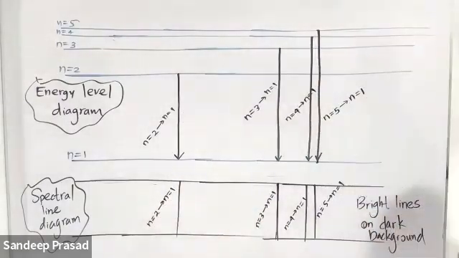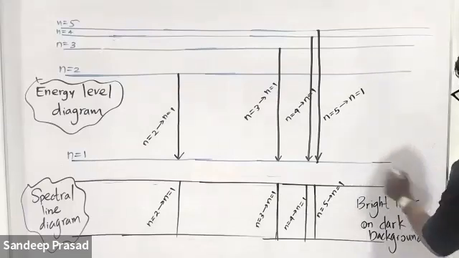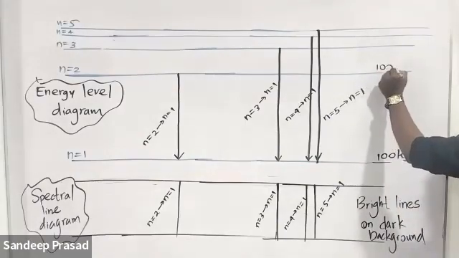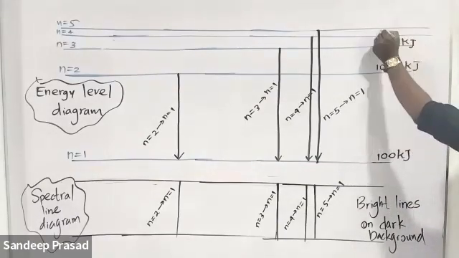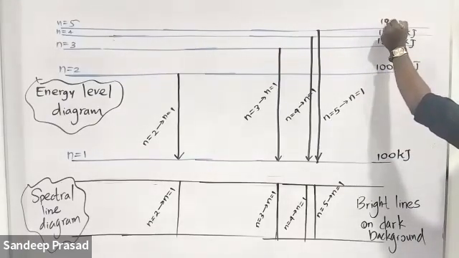Understood? Corresponding electron transition. As before, we can consider the corresponding energies here as 100 kilojoules, here 1000 kilojoules, here 1500, here 1800, and this is 1900.